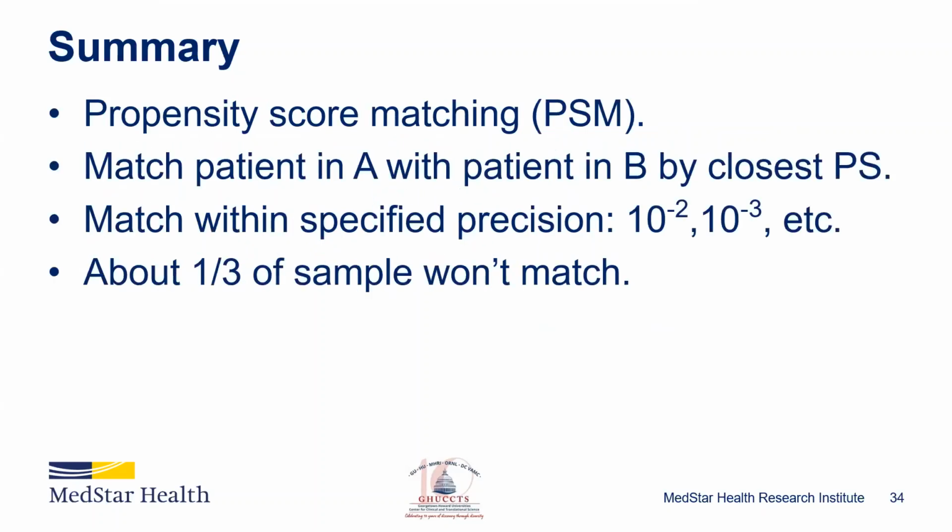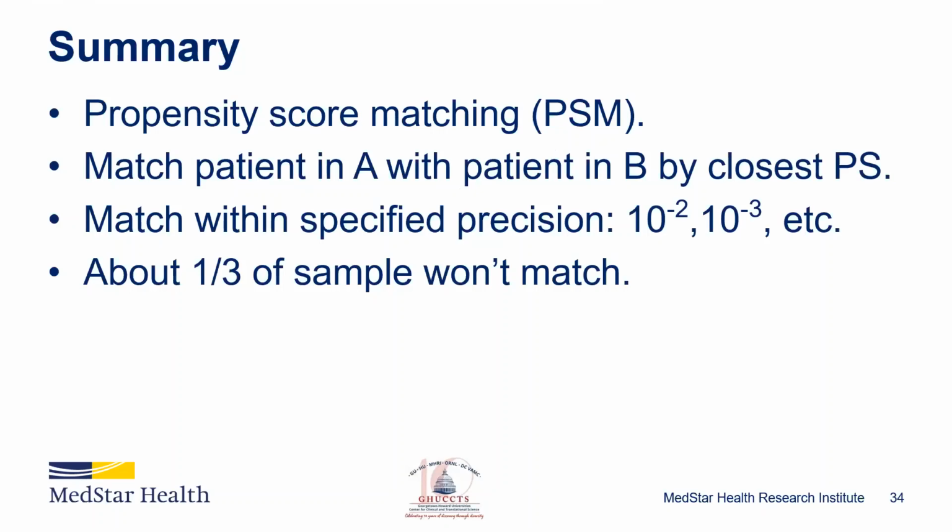So in matching, as we pointed out, we want to match a patient in A with a patient in B by the closest propensity score. But we need to specify how close, or the precision of our matching criteria. So is it going to be 10 to the minus 3, 10 to the minus 6?